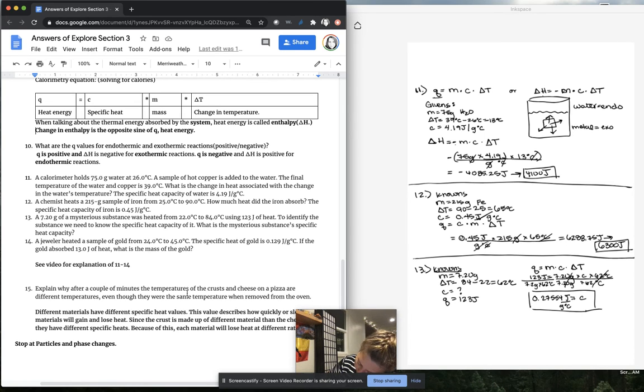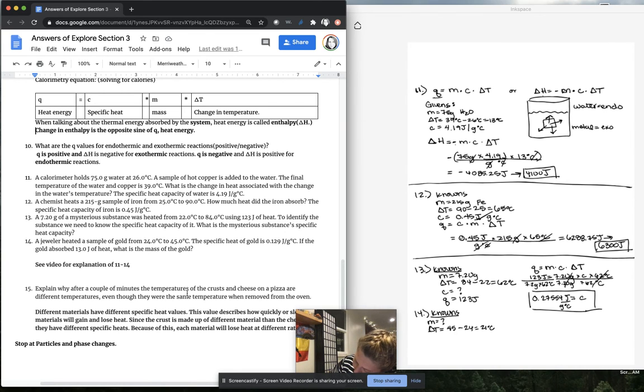All right, so again, what are my knowns? I'm going to write out my knowns. I don't know what my mass is. That's what I'm trying to figure out. I know what my delta T is. That is going to be 45 degrees Celsius minus 24 degrees Celsius to equal 21 degrees Celsius.